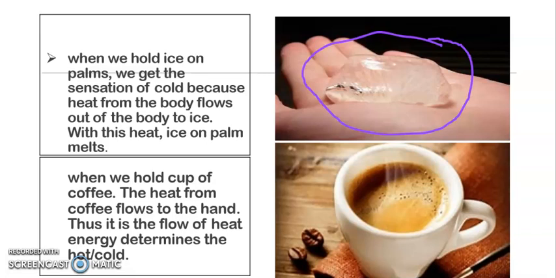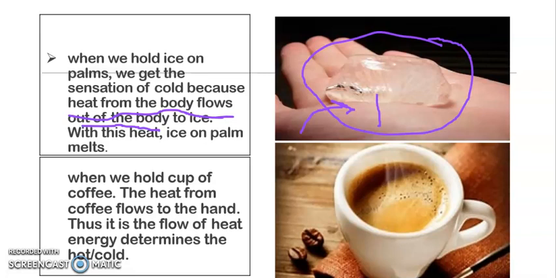Here the thermal energy flows from the body, because our body is hot compared to the ice. So the heat from the body flows out of the body to the ice. With this heat, the ice on the palm melts. So from our fingers, the heat flows to the ice.